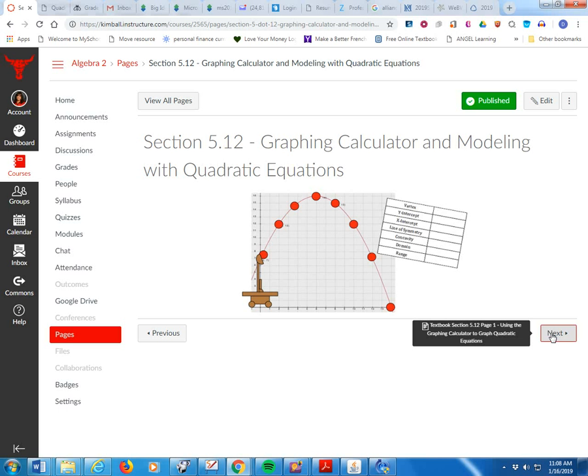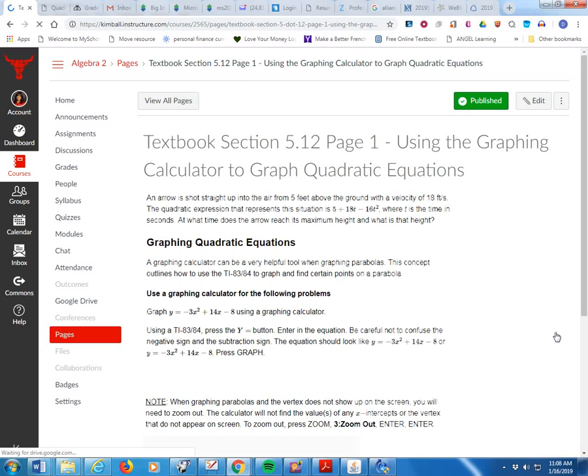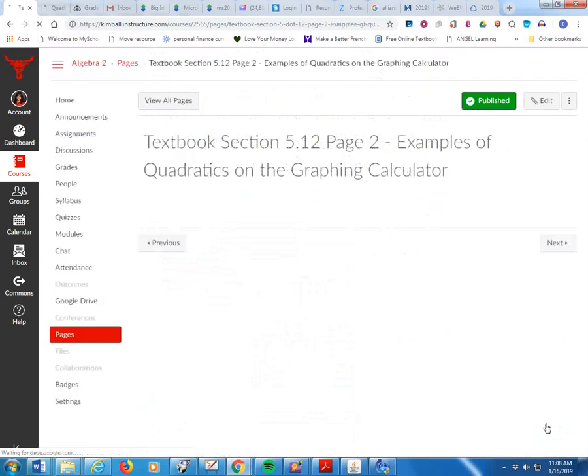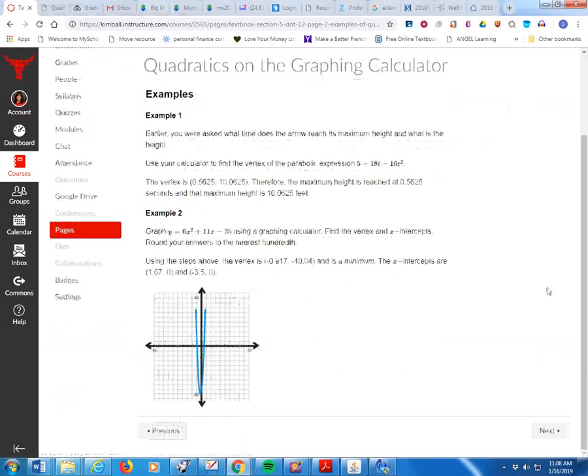Okay, so the first thing I want everybody to do is type this function, and some of you may be in there already. Type this function into the graphing calculator. And to do that, you're going to go to the y equals button on the calculator. Make sure if there's something in there and it matches negative 16x squared plus 18x plus 5, you don't have to do anything.